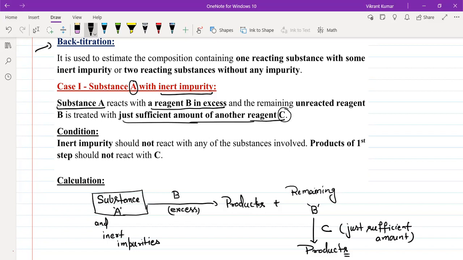B. B, because B is reacting with A in the first step, and the remaining B is reacting with C. So if B is an acid, then A can be a base, and C can be a base. If B is a base, then A and C can be acids. If B is an oxidizing agent, then A and C can be reducing agents. Understood the point?